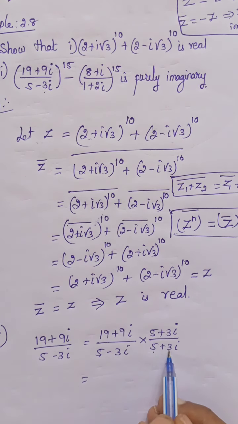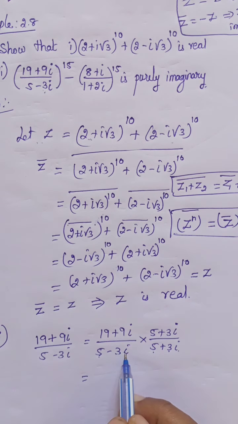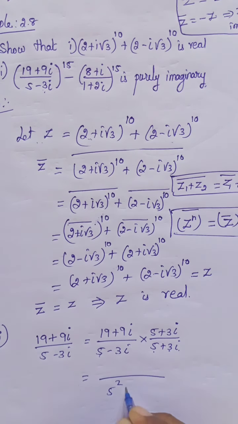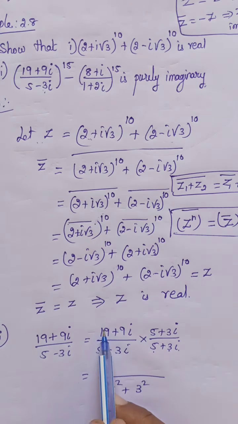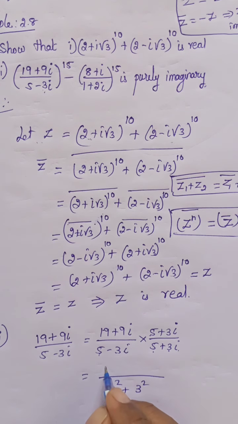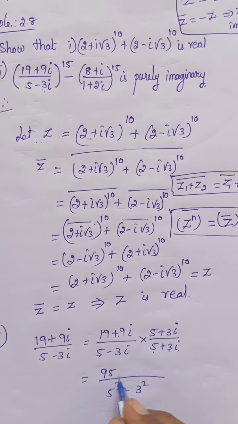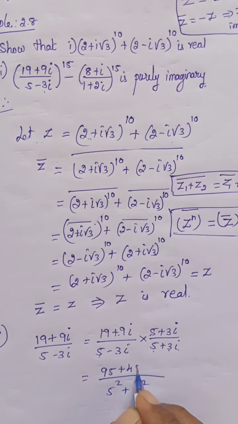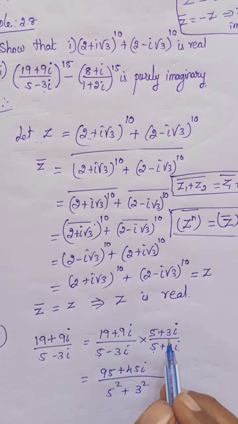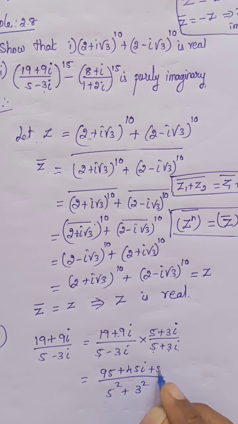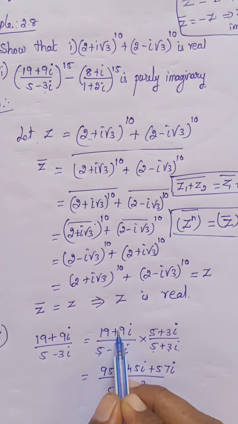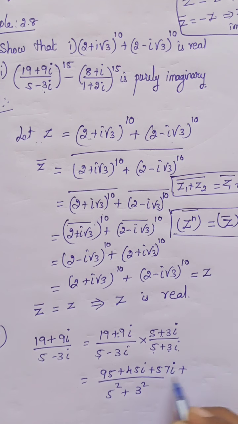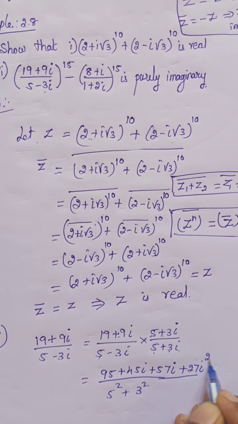So (x plus iy) into (x minus iy) gives x square plus y square, so the denominator is 5 square plus 3 square. Numerator: 19 into 5 is 95, plus 9i into 5 is 45i, then 19 into 3i is plus 57i, and plus 9 into 3 is 27 i square.